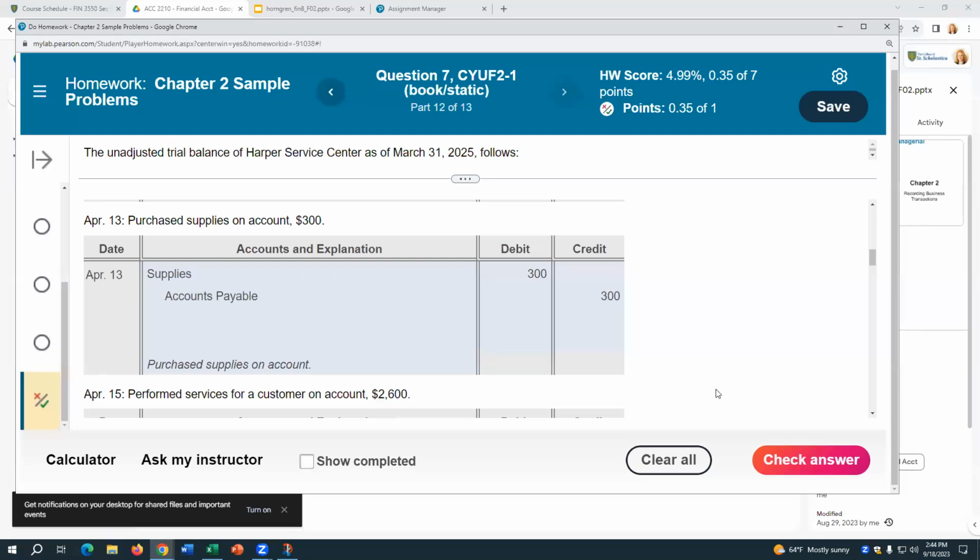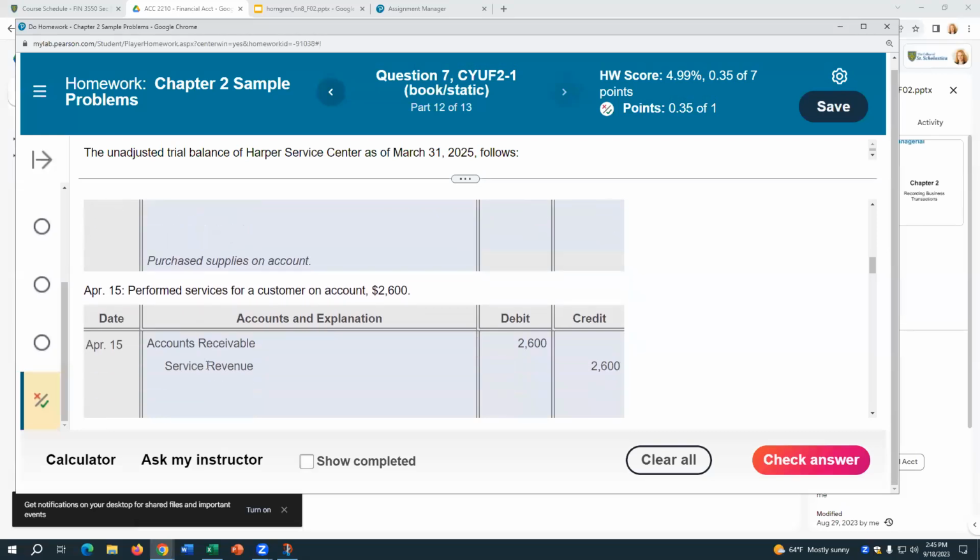If we hear the phrase on account, it means we either have accounts receivable or we have accounts payable. So if we perform services for them, are we going to receive money eventually, or are we going to pay money? Receive, right? So then it's going to go to accounts receivable. Yeah. So debiting accounts receivable and crediting service revenue.